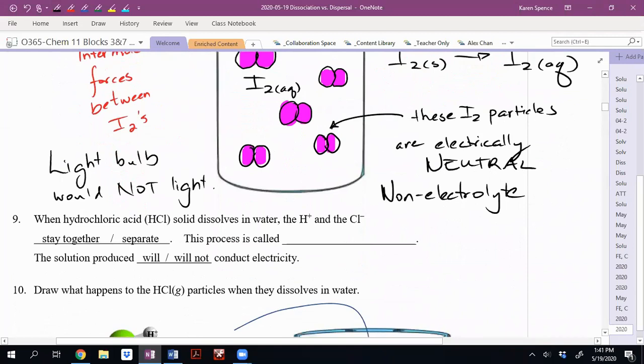All right, now when hydrochloric acid dissolves in water, the H plus and the Cl minus, now remember this is an acid, okay? And acids are a little strange. They are a molecular compound. It is a covalent bond that holds them together. However, H plus is a funny little ion.